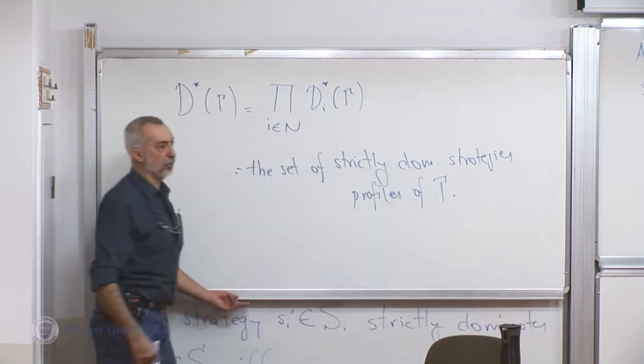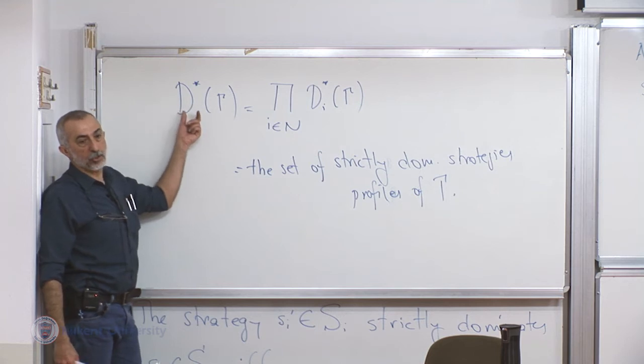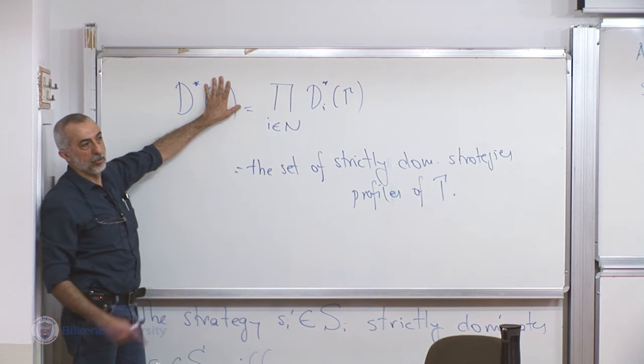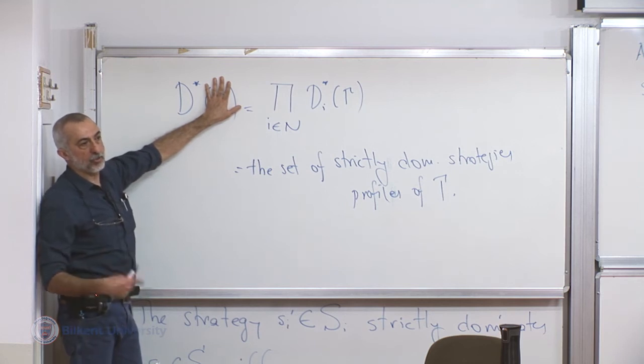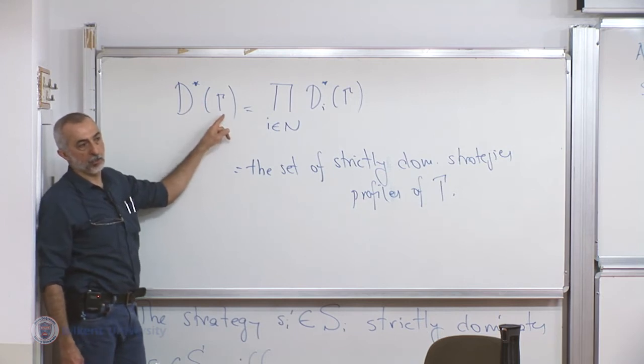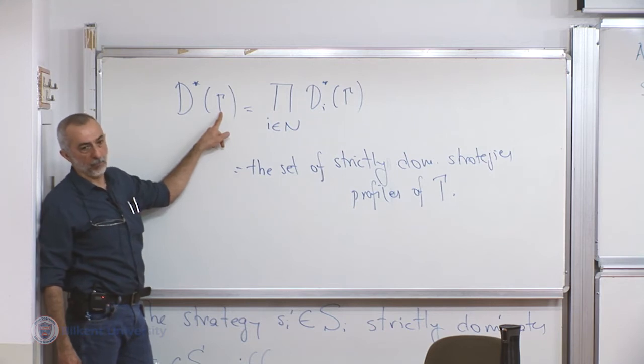It will also be called the strict dominant strategy solution. So D star will be called the strict dominant strategy solution concept, and D star of gamma will be called the strict dominant strategy solutions of gamma.